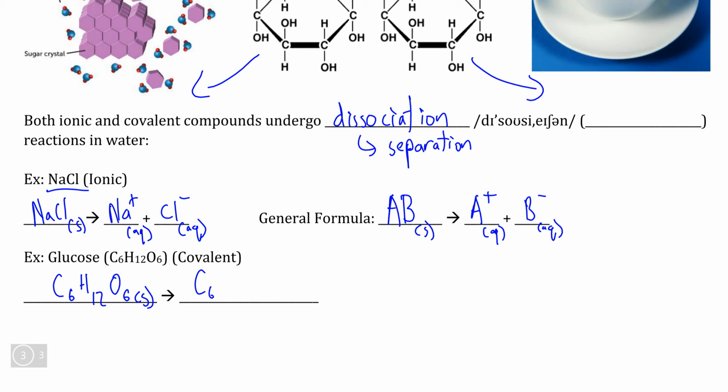When this happens, the sugar is no longer solid because we see it disappear, so we can, like with NaCl, write that the phase has become aqueous even if no ions have formed.